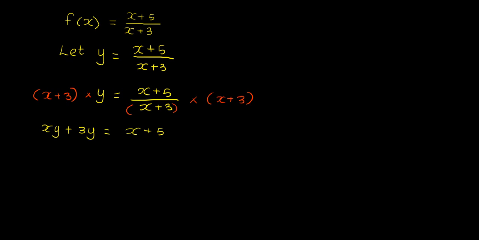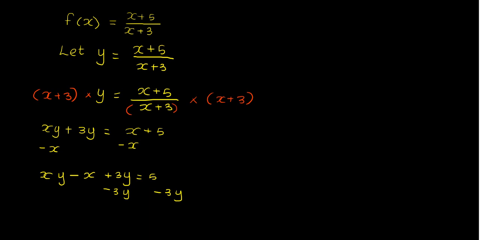So I'm going to get rid of this x on the right hand side. It's a positive x, so to get rid of it, I subtract x from both sides. On the left hand side, xy, x and 3y are not like terms, so I just write it down like this: xy minus x plus 3y is equal to 5. And I subtract 3y from both sides in order to isolate the x's.